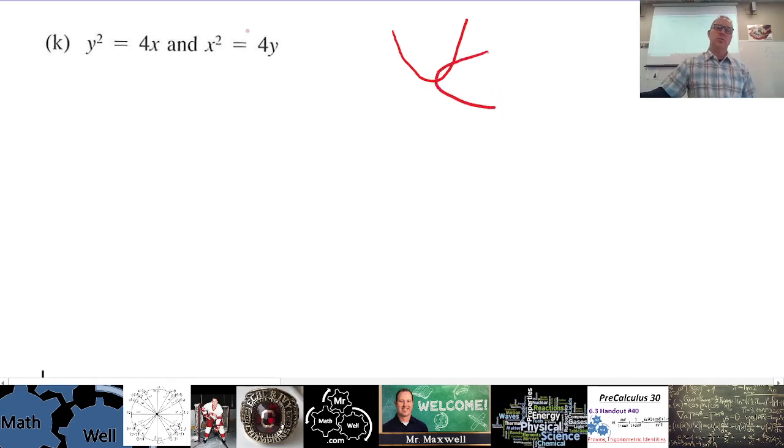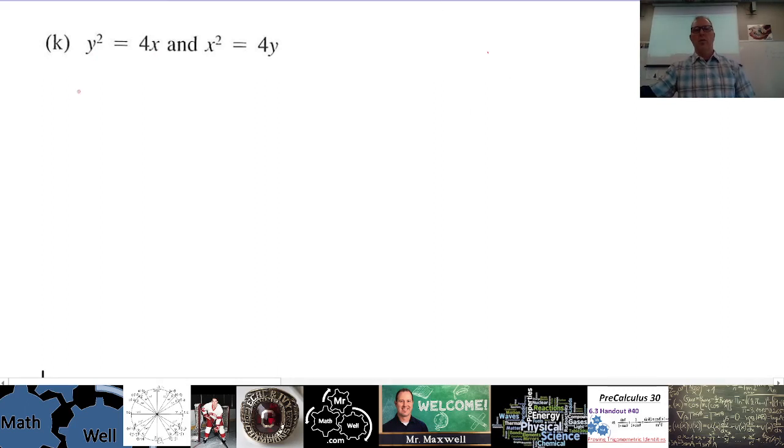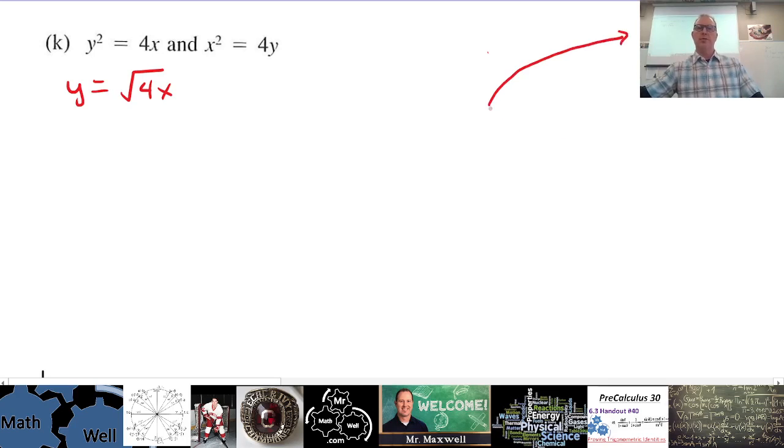What you have to do here is get y by itself. You have to actually isolate for y for these things. So y is root 4x. Now it could be plus or minus root 4x. So positive root 4x would look like this, right? Minus root 4x would look like this.